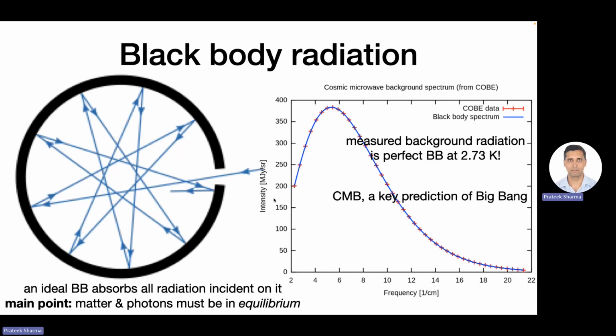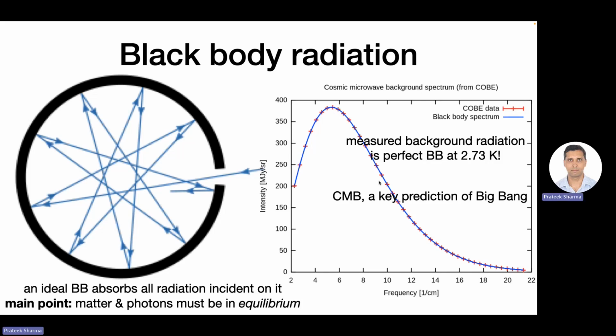And in fact, this is the spectrum measured by COBE, a satellite in the 1990s, which measured the spectrum of the black body very accurately. And this is the black body spectrum fit. And look at the fit. This is one of the best black bodies, perhaps even better than you can actually manage in a lab.